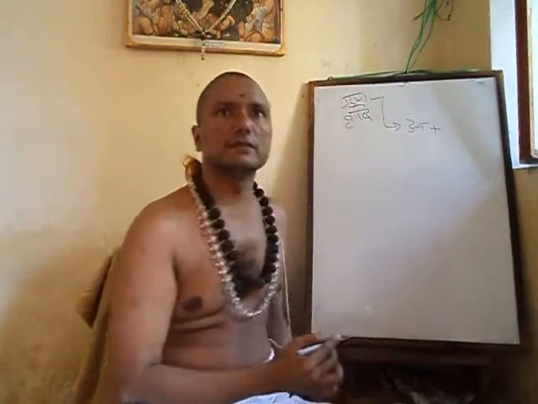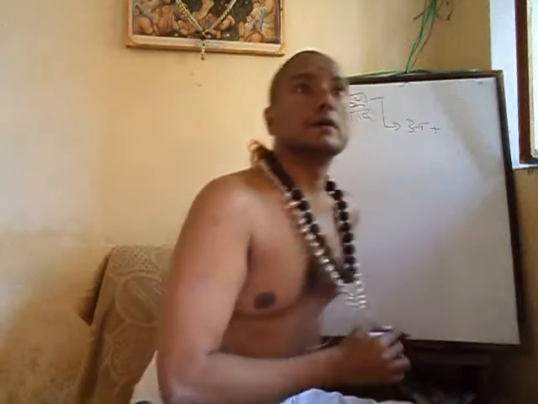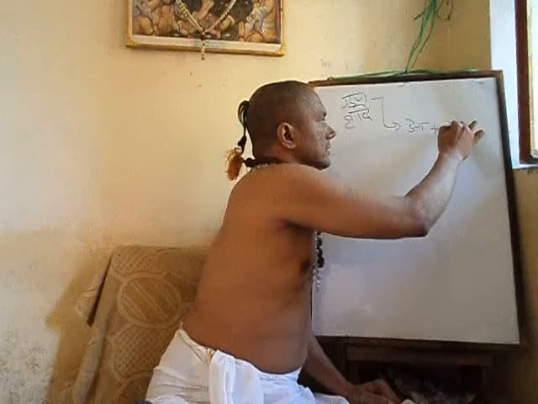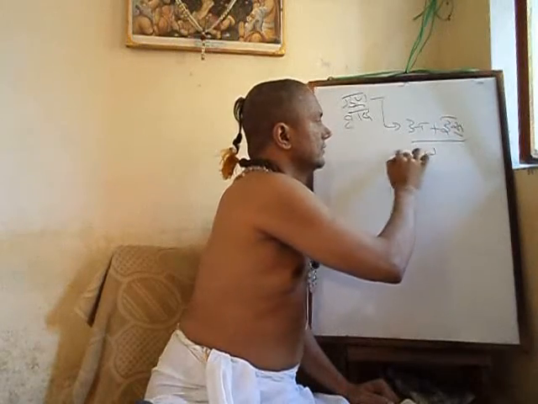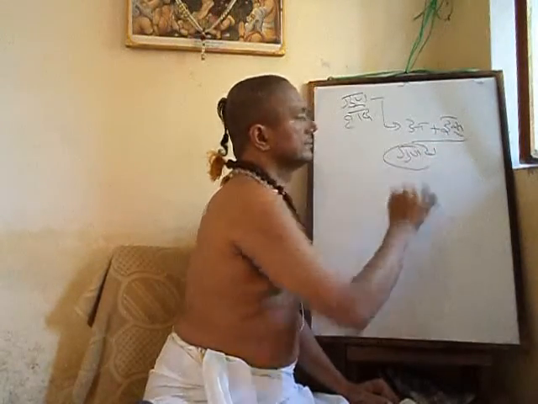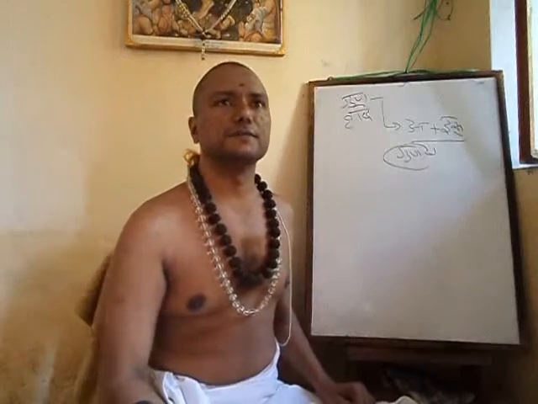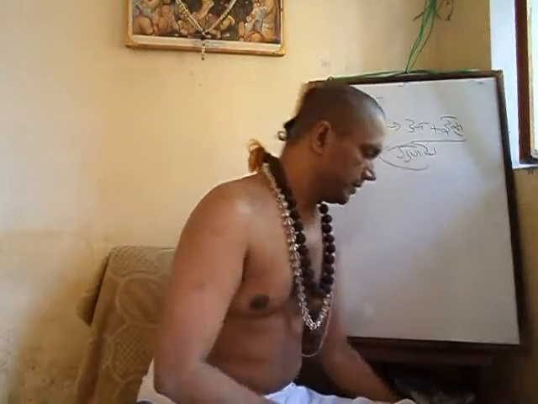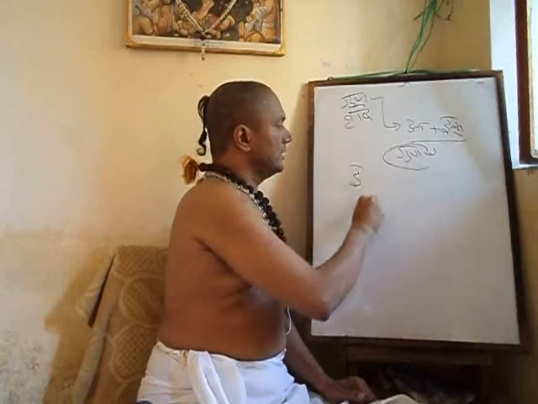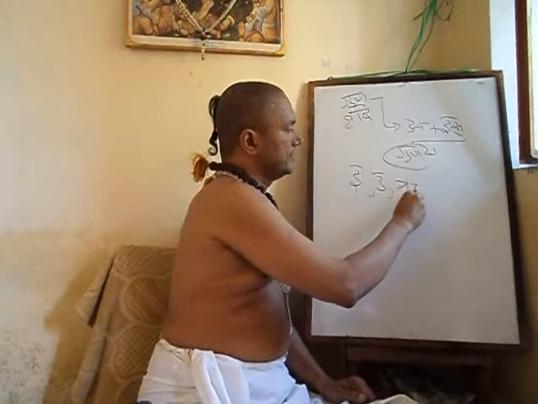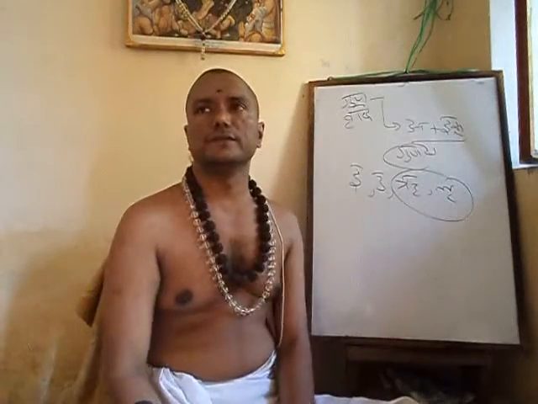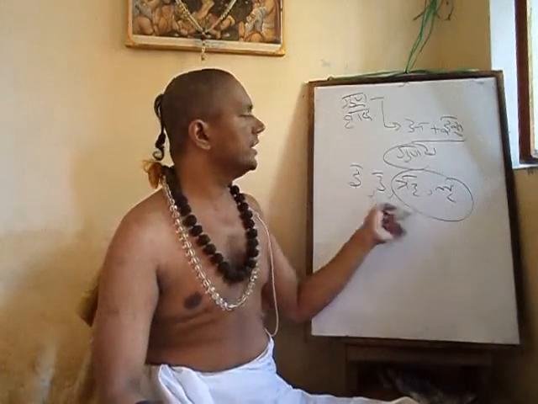Avarna plus Ik is Guna. Avarna plus Ik. So, Ik means I, U, R. We have not seen R. Except R, we have seen I and U.